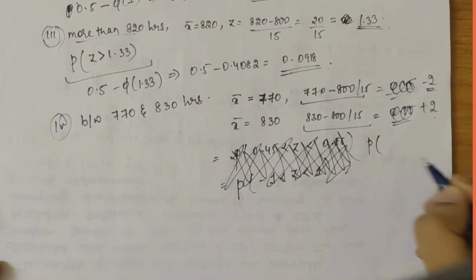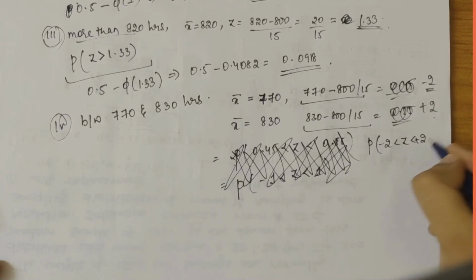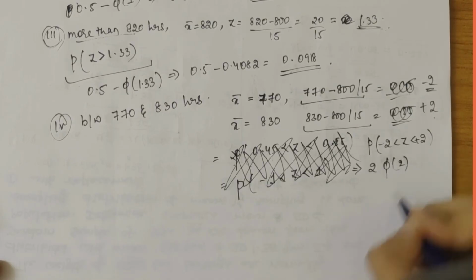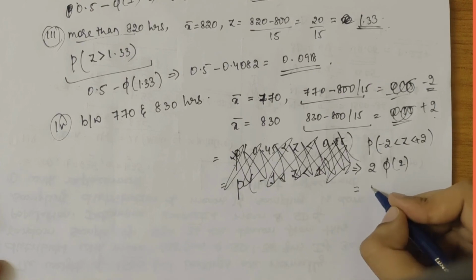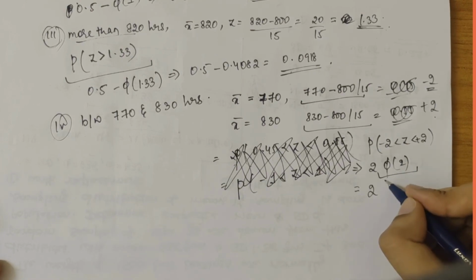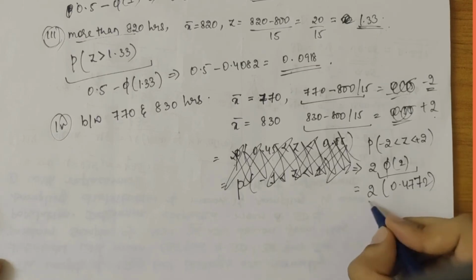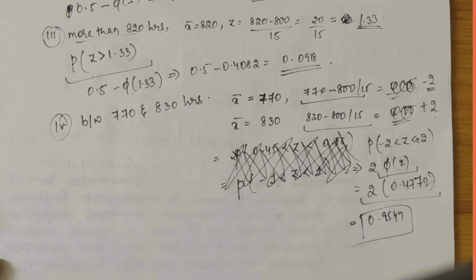So the z value lies between minus 2 and plus 2, which can be written as 2 times phi of 2. If you find the value of phi of 2, you get 0.4772. Multiplying these two, you get 0.9544.